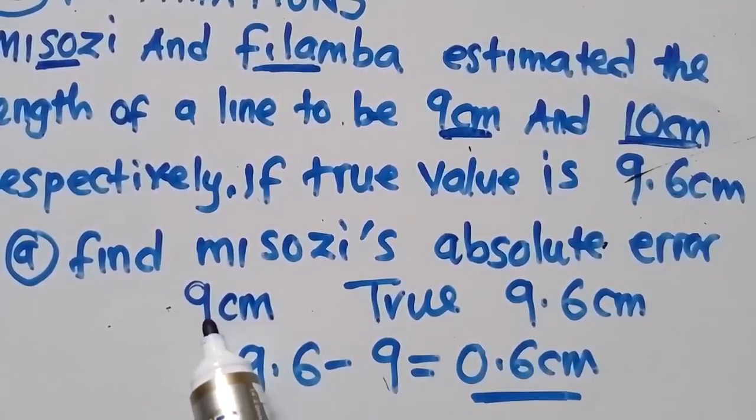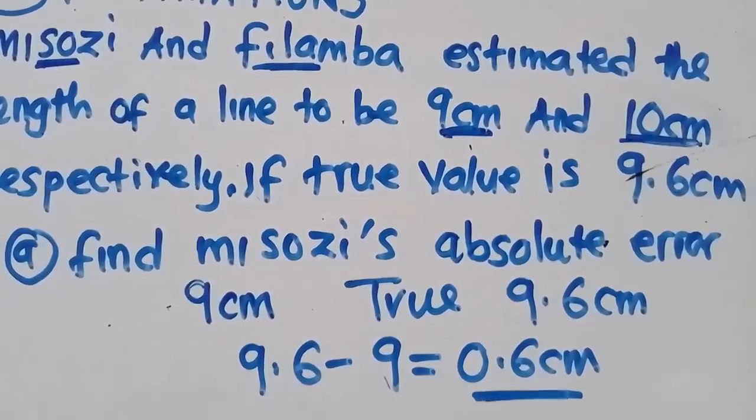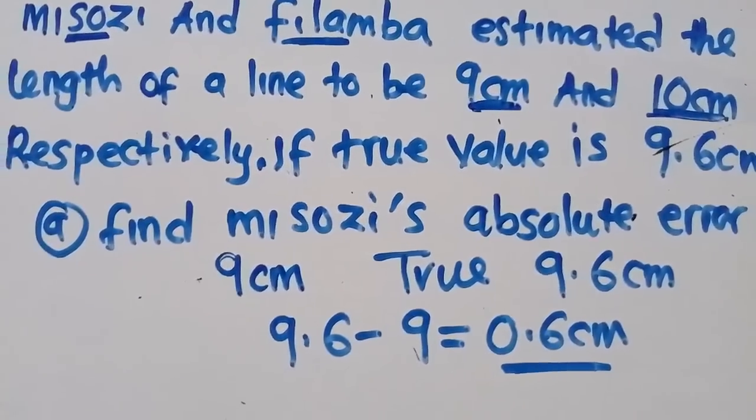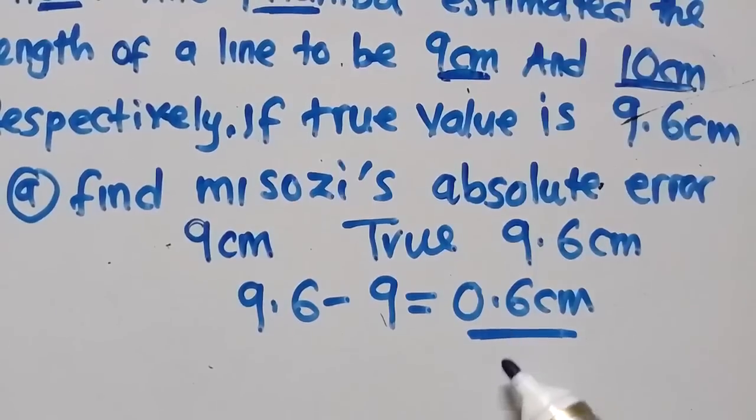Someone will start with 9 minus 9.6. No, avoid negative answers, because where you are given measurements, this is a distance, and you cannot have a negative distance. So we've calculated Misozi's absolute error to be 0.6.